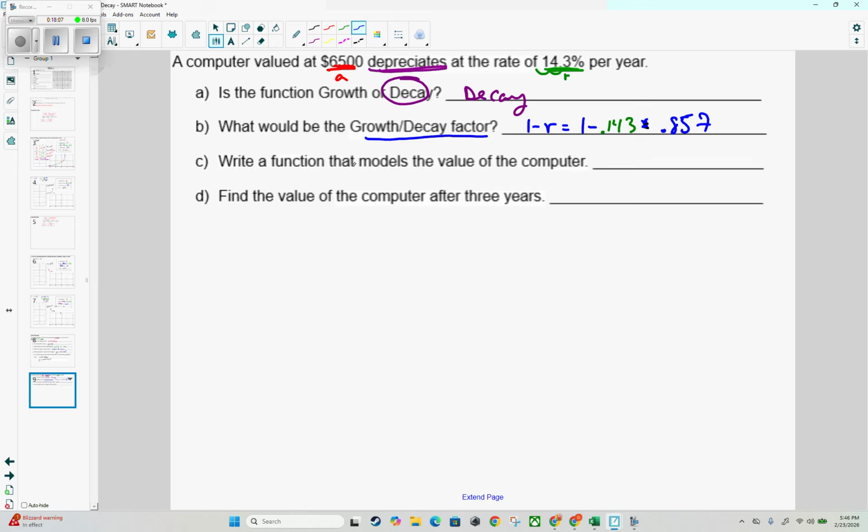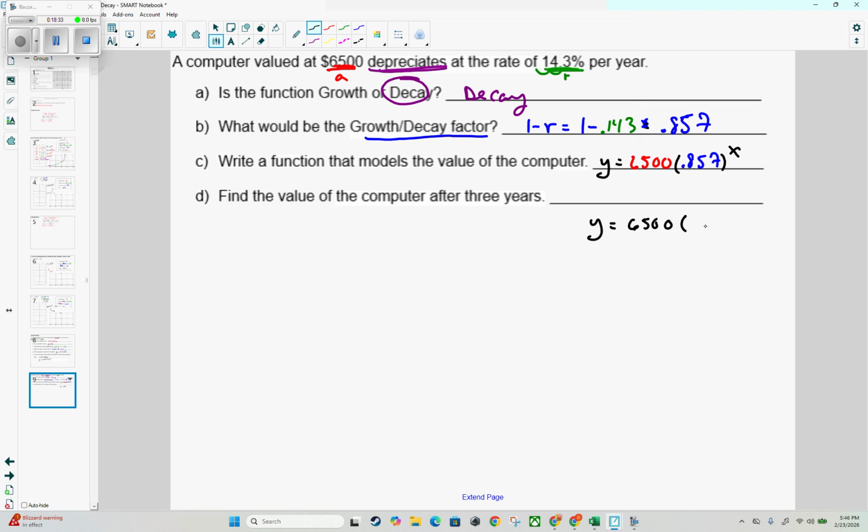Now it wants me to write a function. That's basically saying write an equation. So I'm going to turn around here and say, okay, y equals my initial starting value of 6,500. Inside should be my factor. That's the 0.857, and then to the x power. And then again, it asked, what would be the value of my computer after 3 years?